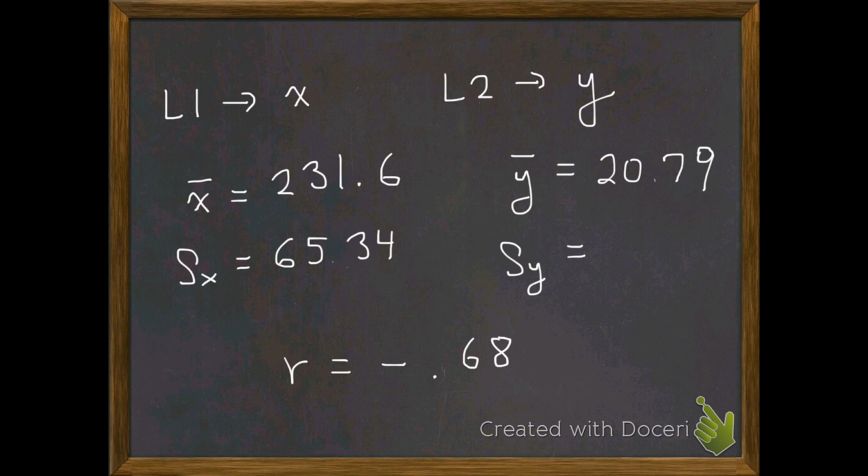And my SY was 5.03. Okay? Now these numbers are going to be important because we're going to use these to find our values for our linear regression model.